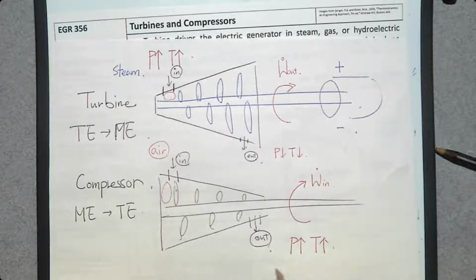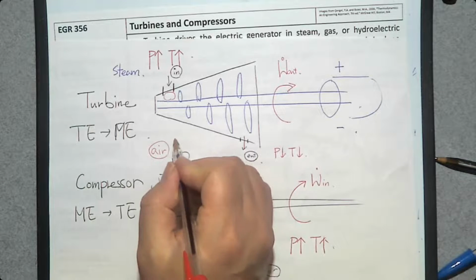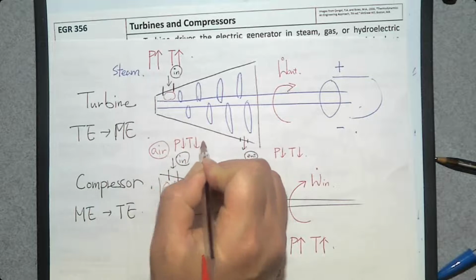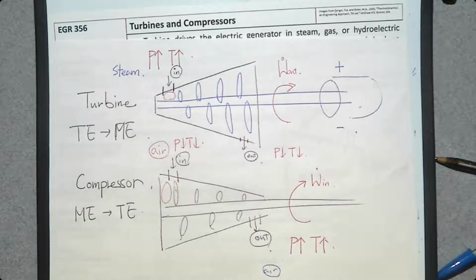Air is at the exit. At the inlet, we have low pressure, low temperature. So you can see pressure and temperature of this air increased due to this compressor. And what does it mean when pressure goes up and temperature goes up? The thermal energy of this air has been increased due to this compressor.